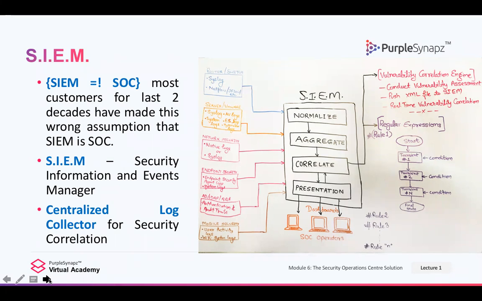For them, if they are taking SIEM, it means they are taking SOC. This is absolutely incorrect. SIEM is not equal to SOC, as I have written in the blue text on the top.